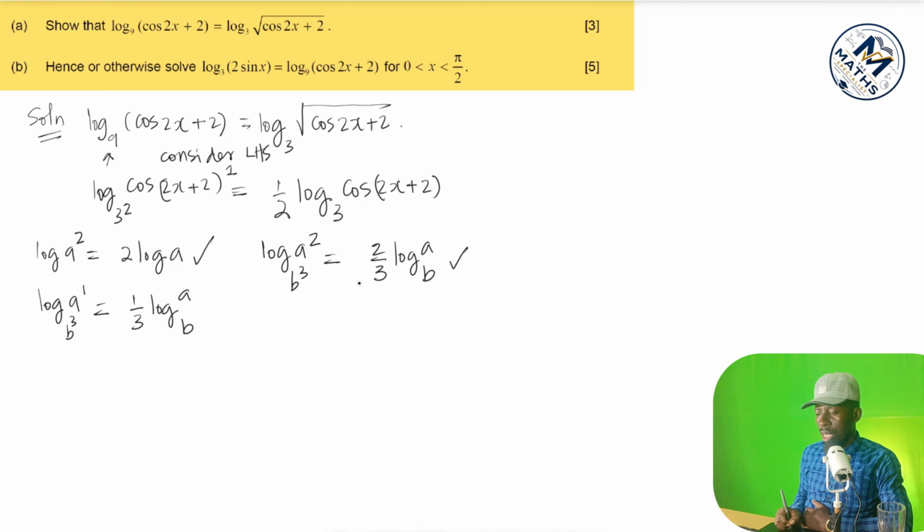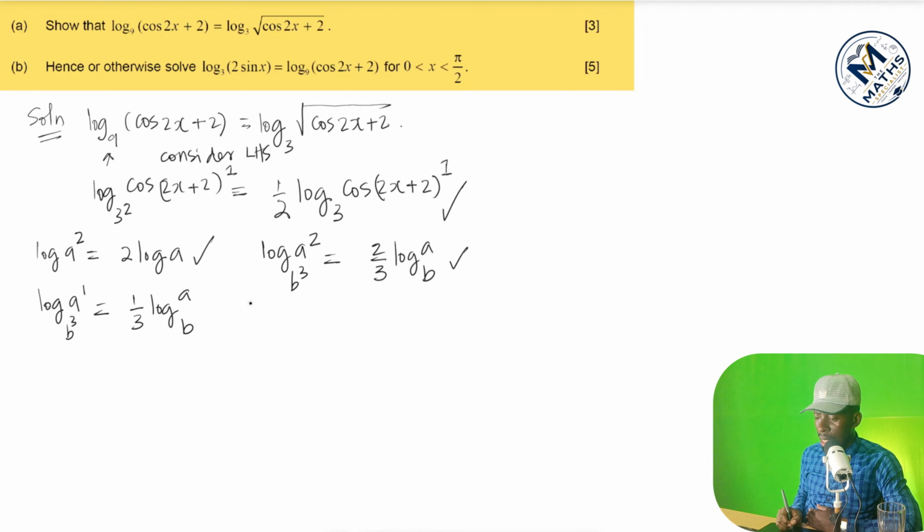I just wanted to show you how this is supposed to be. For our question, the logarithm of cosine 2x plus 2 is technically to the power of 1, and our base was 3 squared, so 3 to the power of 2. If we bring this back, it will be 1 over 2 log base 3 of cosine 2x plus 2.